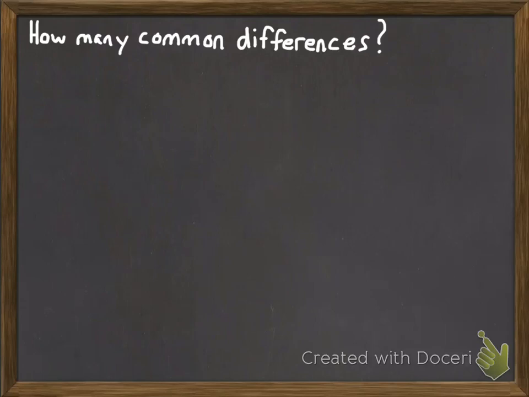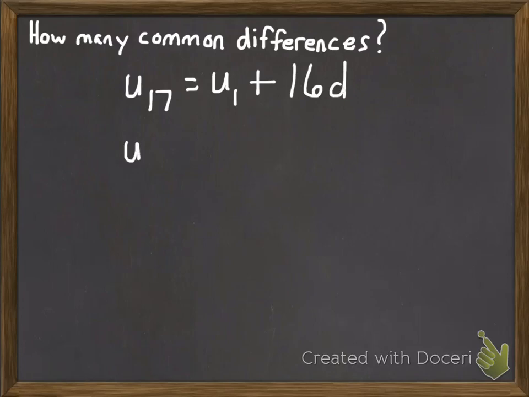Now, one thing that we've already established in the previous lesson is that if you want to know how many common differences there are between any term, say the 17th term and the first term, well, there's always going to be one fewer common difference than the term number that you're trying to find. So the 17th term equals the first term plus 16 common differences. Or the 108th term would equal the first term plus 107 common differences.